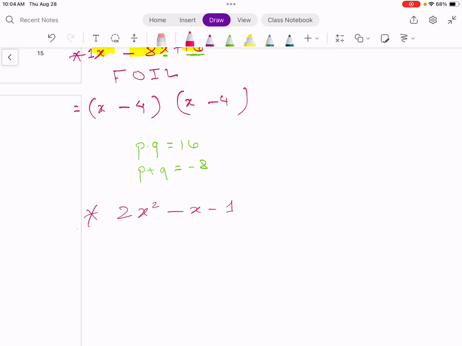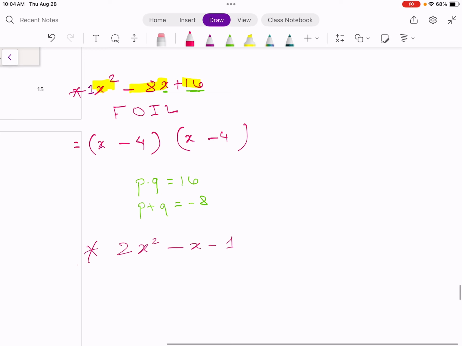So this is a trinomial and it is also in quadratic form. Okay, at the very first step, we look for the common factor. Do we have any common factor in each term? No, so we skip that. Now we go to our next step.